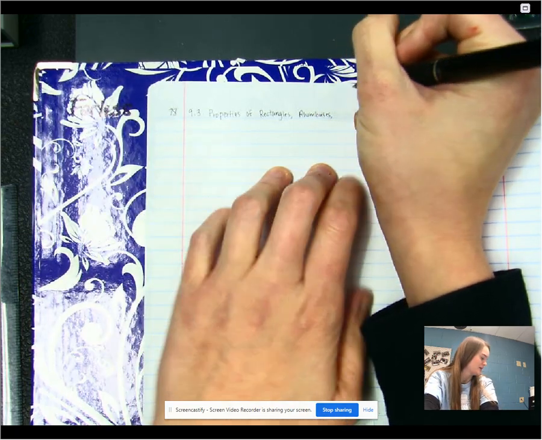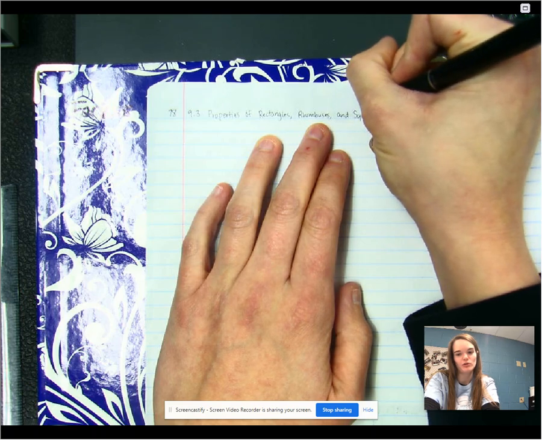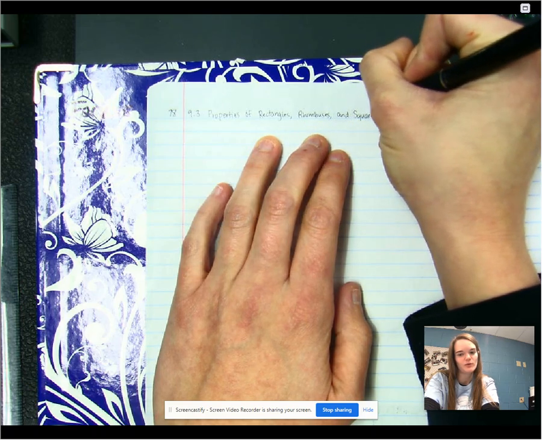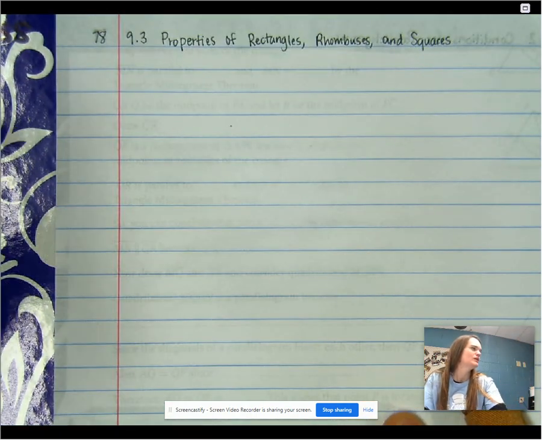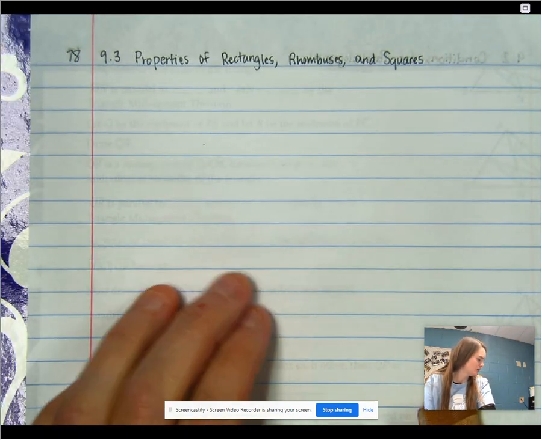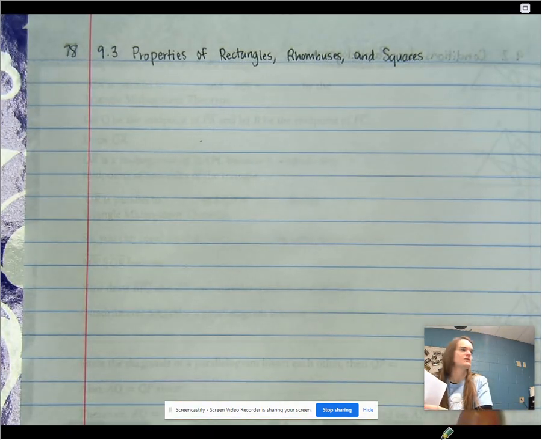There is a nice mathematical debate, nobody's actually debating this, let's be honest, about the plural of rhombus, whether it's rhombuses or rhombi. You will see both. Properties of rectangles, rhombuses, and squares. That's 78 and 79's title.